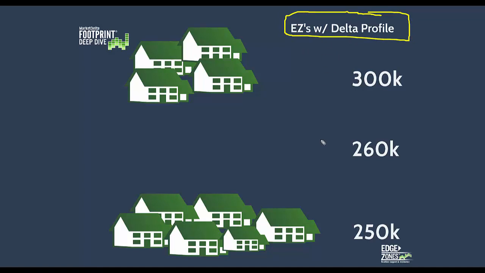And you don't see the delta profile up there. We're going to talk more about this in the next video. We're going to tell you what the delta profile is, even though it was covered in another video in this program. I think early on Trevor did it. The delta profile and how that calculates, what it shows you, and how it's a little different, but the same theory is behind the delta profile and these edge zones. But we're going to tie them together. But before we do that, I want to leave you with this particular illustration.